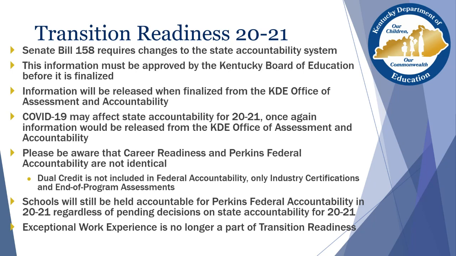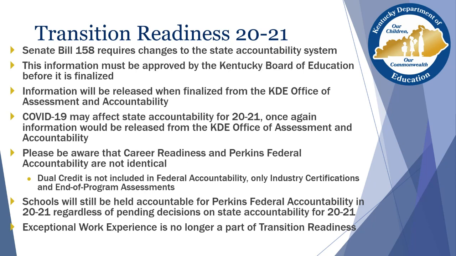If you remember in what was transition readiness, there were certain benchmarks that your students could meet: industry certifications being one, dual credit being another, end of program assessments being another, and a couple other indicators. Dual credit actually does not count towards Perkins accountability.